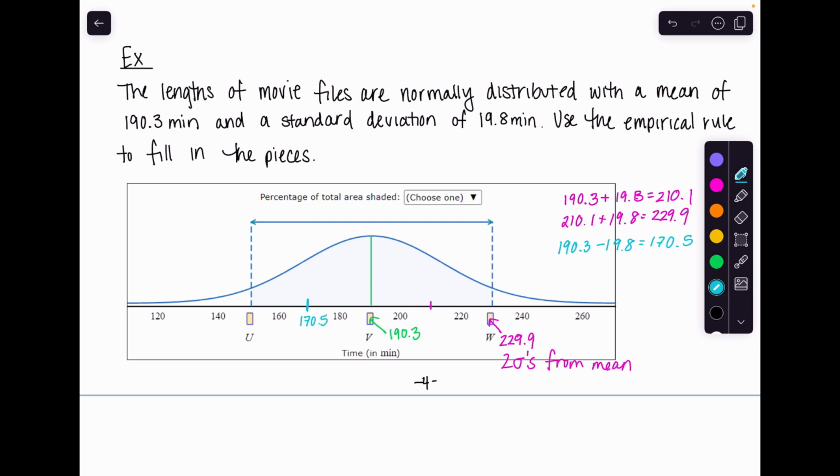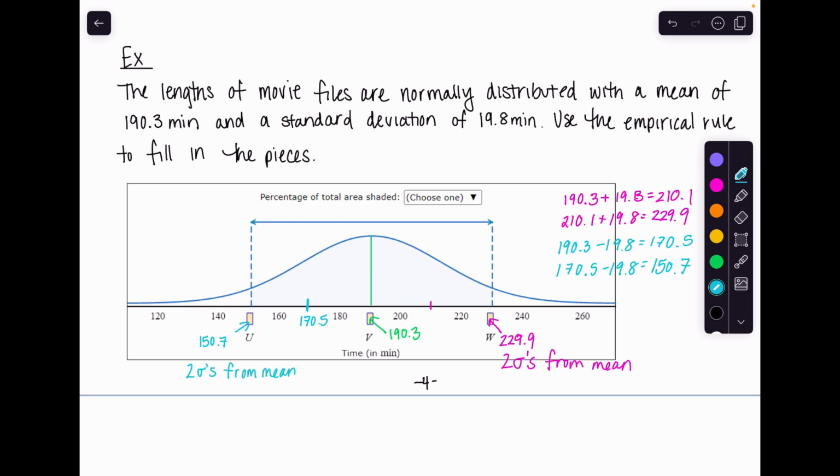So not 1 standard deviation away. Going 1 more step, subtracting 19.8 gives me 150.7. And that seems like a plausible number between these two values. So that is halfway in between roughly 140 and 160. So again, this one is also 2 sigmas from the mean.